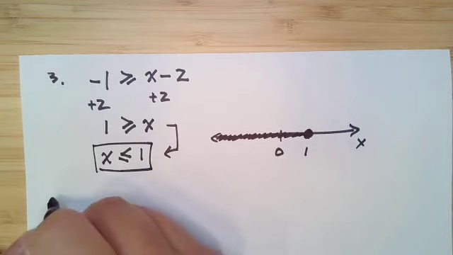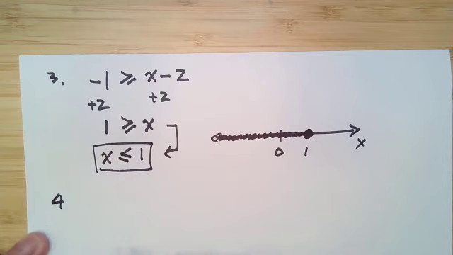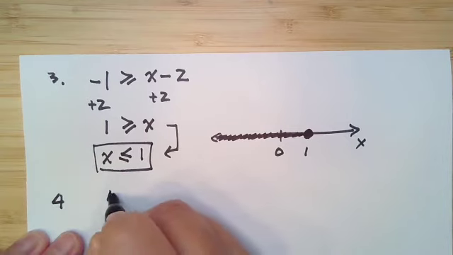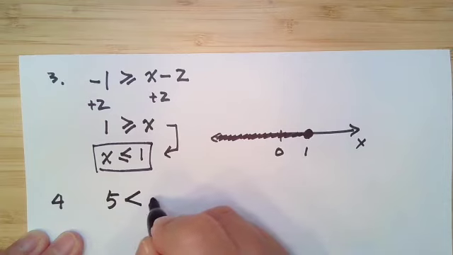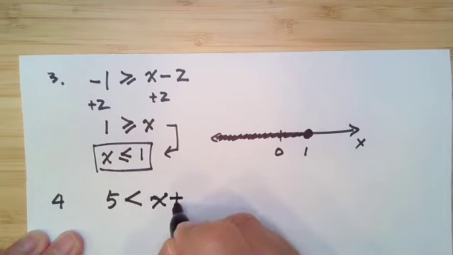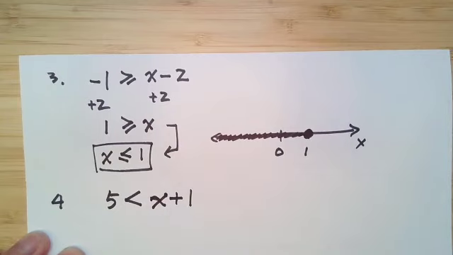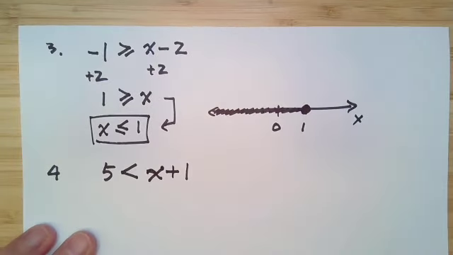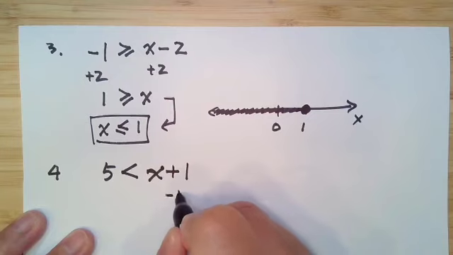One more, number 4. What about 5 is less than x plus 1? Very similar to the one we did earlier, we just subtract 1.